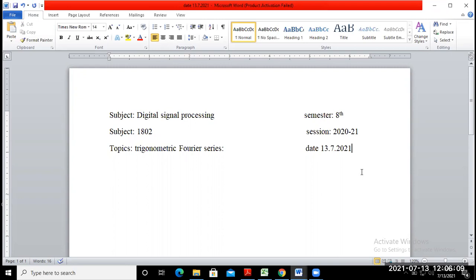These two signals are orthogonal to each other if m and n are integers.